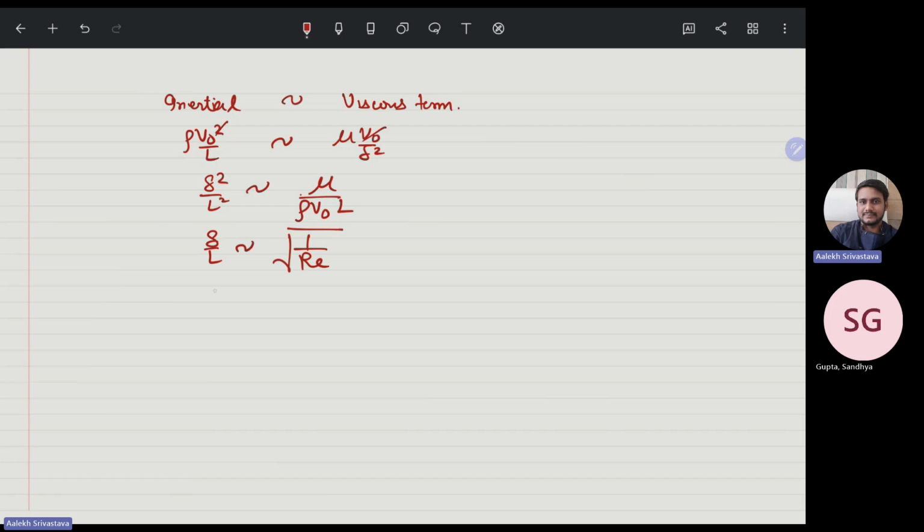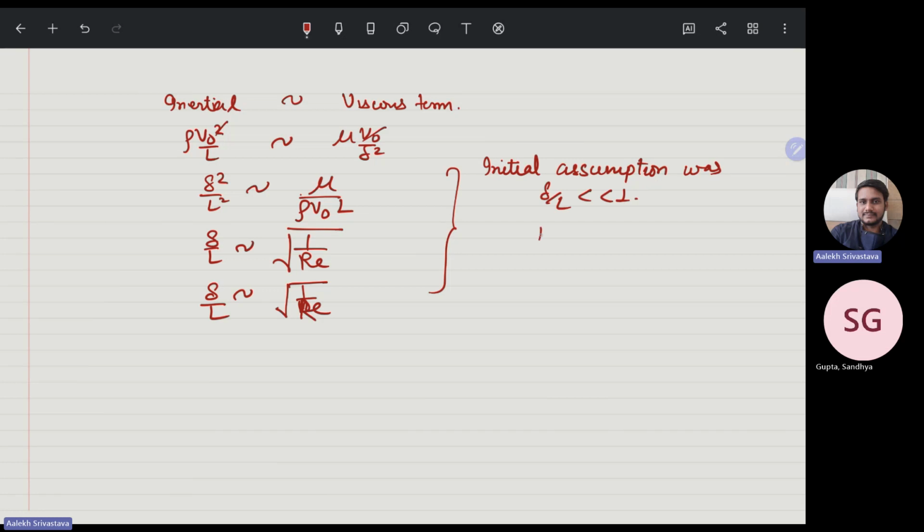So delta by L is under root of 1 by RE. Initially, our assumption was that delta by L is much, much less than 1.